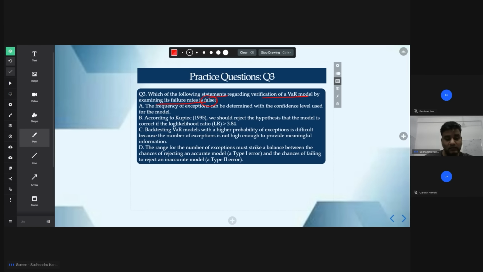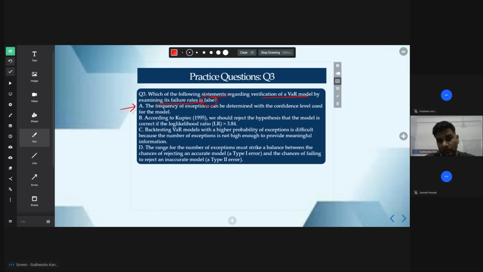See, that's true. If your VaR model has a 99% confidence level, it means you expect losses exceeding your VaR only 1% of the time. So yes, the confidence level directly determines your expected exception frequency. So this statement is correct.